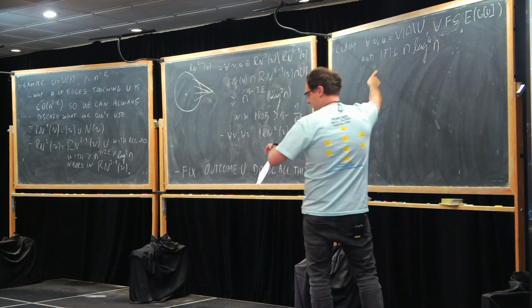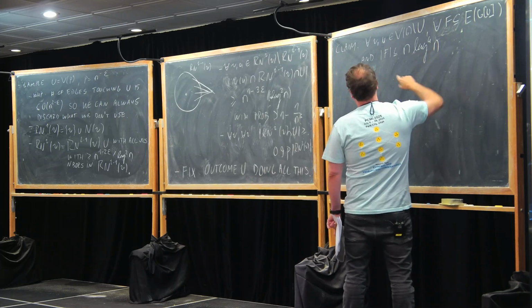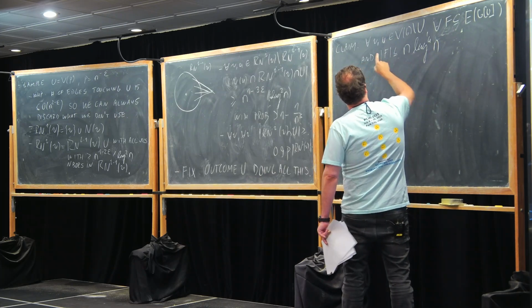I'll explain how the claim is applied in a moment, and maybe then leave you to verify that the properties let you do it.